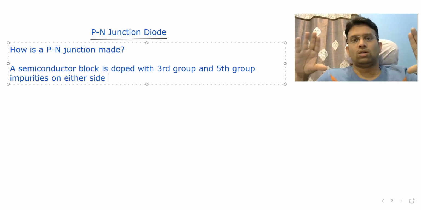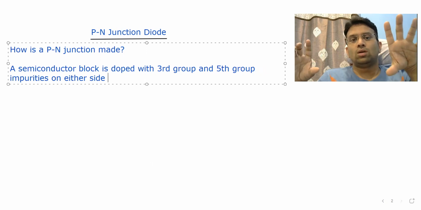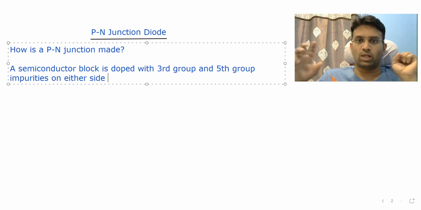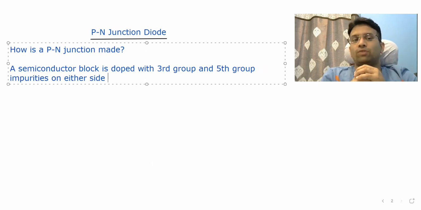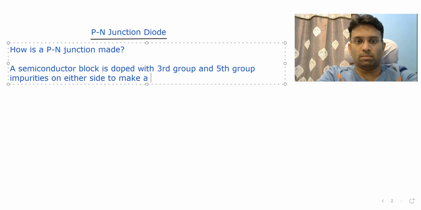So you take a block, one side you dope with the third group impurities, the other side you dope with the fifth group impurities, to make a Pn junction diode. It's as simple as that.